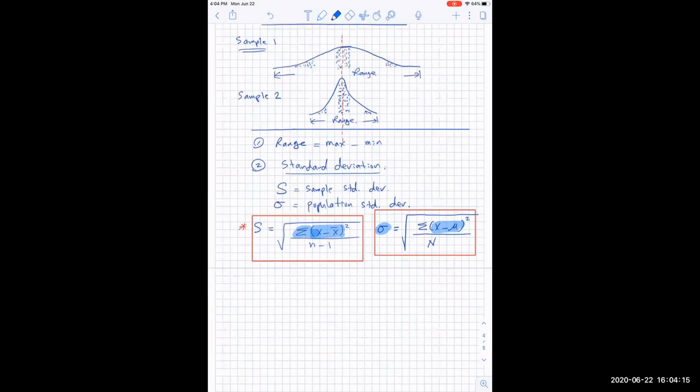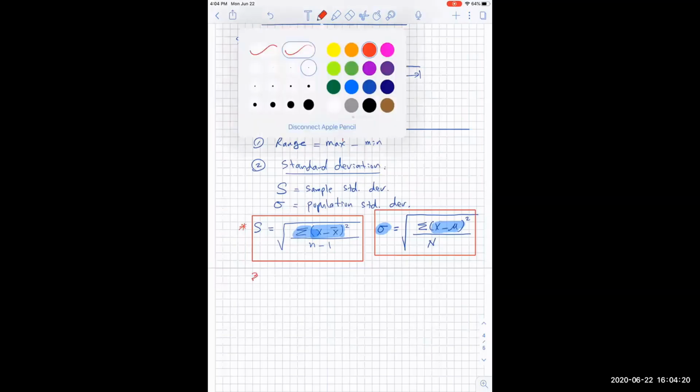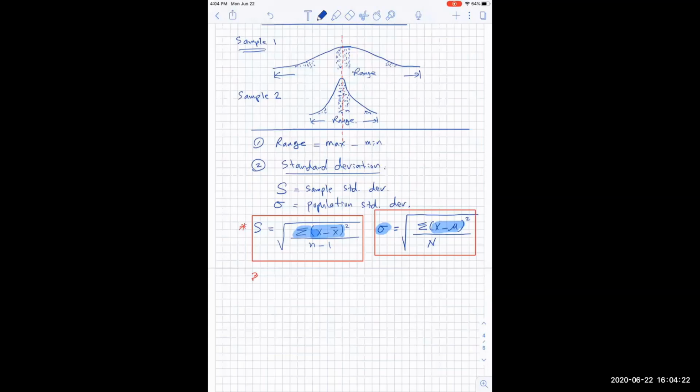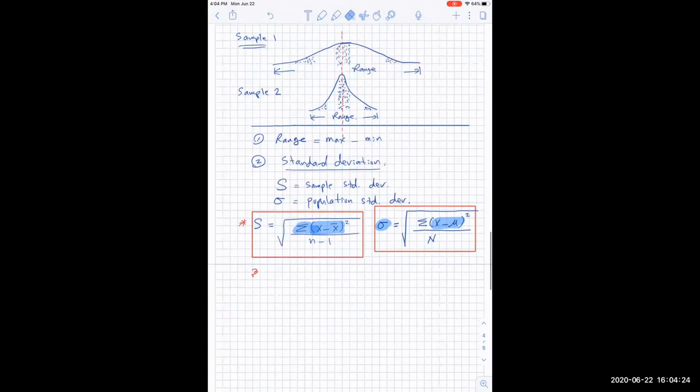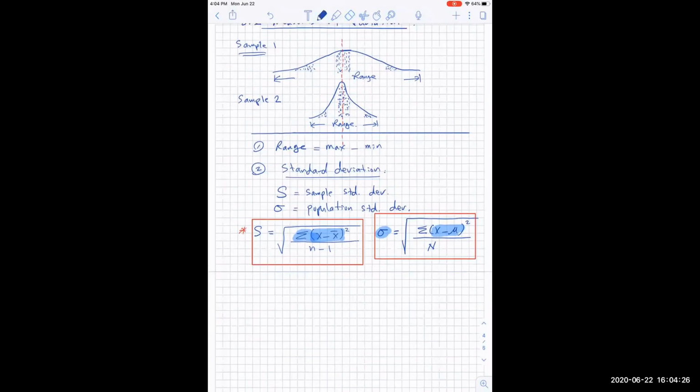And the third one is called the variance. And the variance is always the square of the standard deviation. This is for sample variance.